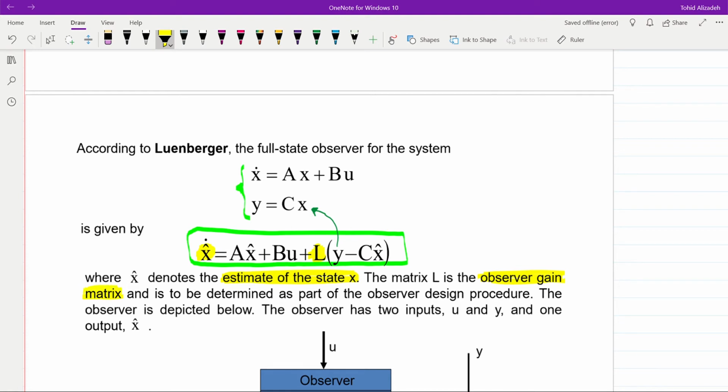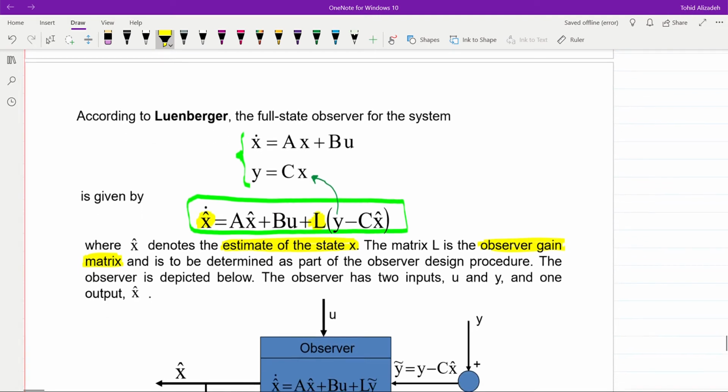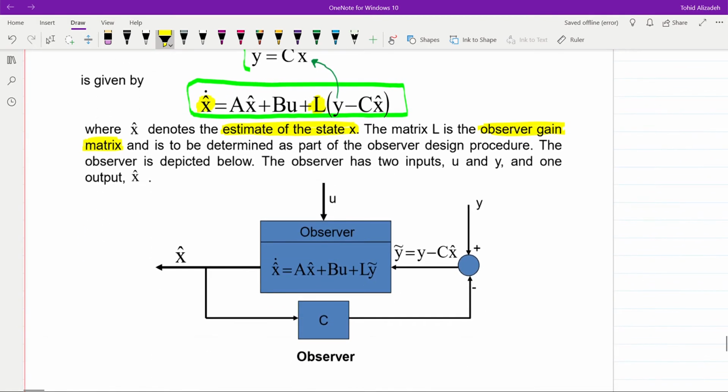Over here you can see the block diagram of the observer. It receives two inputs, u and y, and we have them here as well. So u is one input and y is the other input which comes from the system, and it outputs x hat, which is the estimate of the state, and you can see it here.